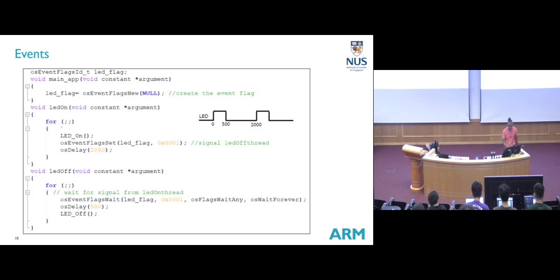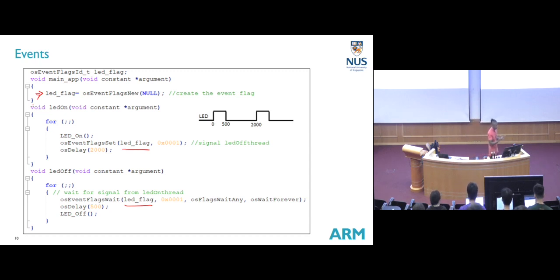If you look at this code, it is exactly the same as before. Only thing is I specify the event I'm waiting for here, the event ID. So I need to first call event flags new. This is now a generic event flag setting which I can use across multiple tasks.